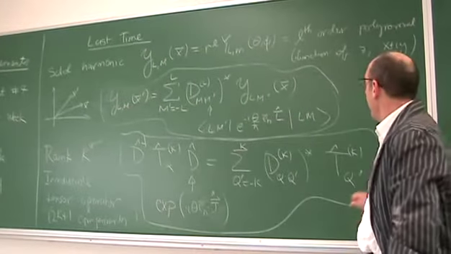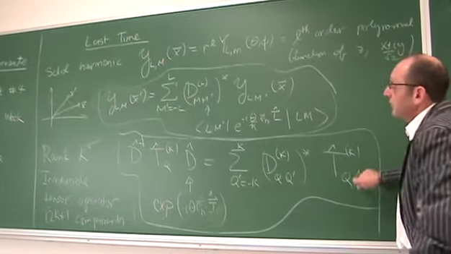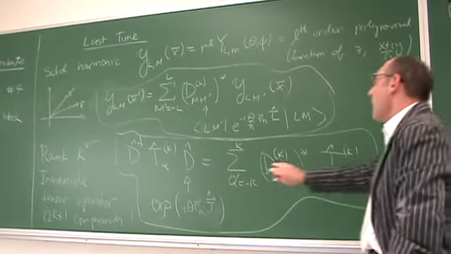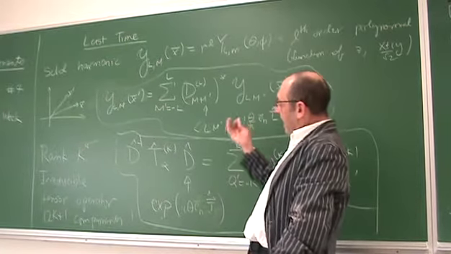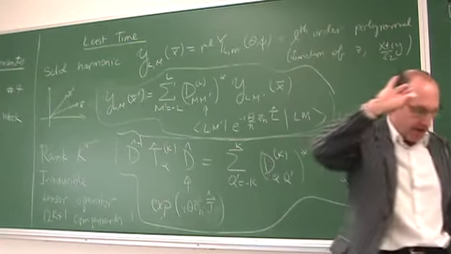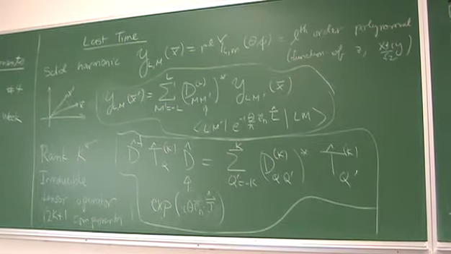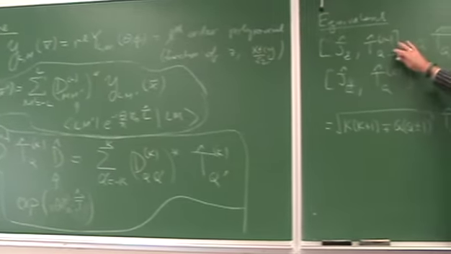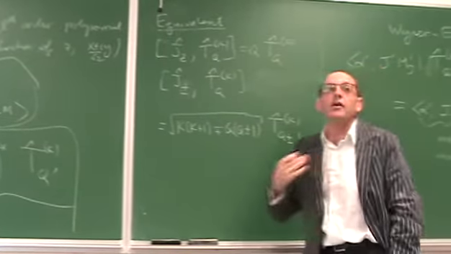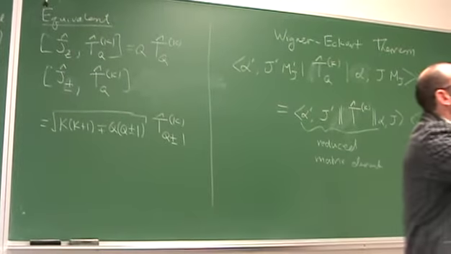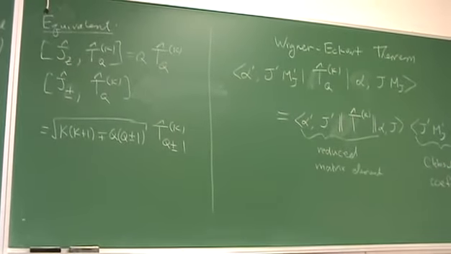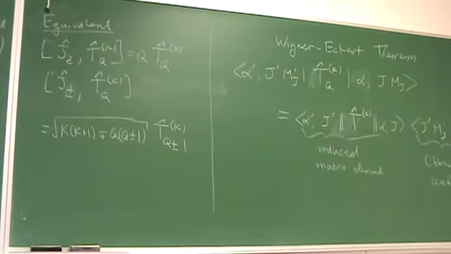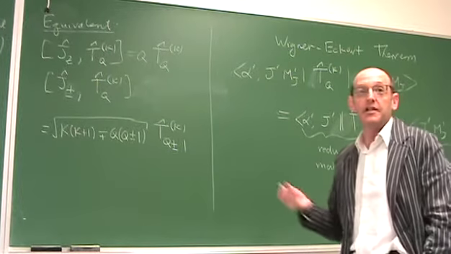Okay. And that, we said, was equivalent to thinking about an infinitesimal rotation by a tiny angle. That definition of rotation is equivalent to what their commutation relations are with the generators of rotation, Jx, Jy, and Jz, or equivalently J plus, J minus, and Jz.